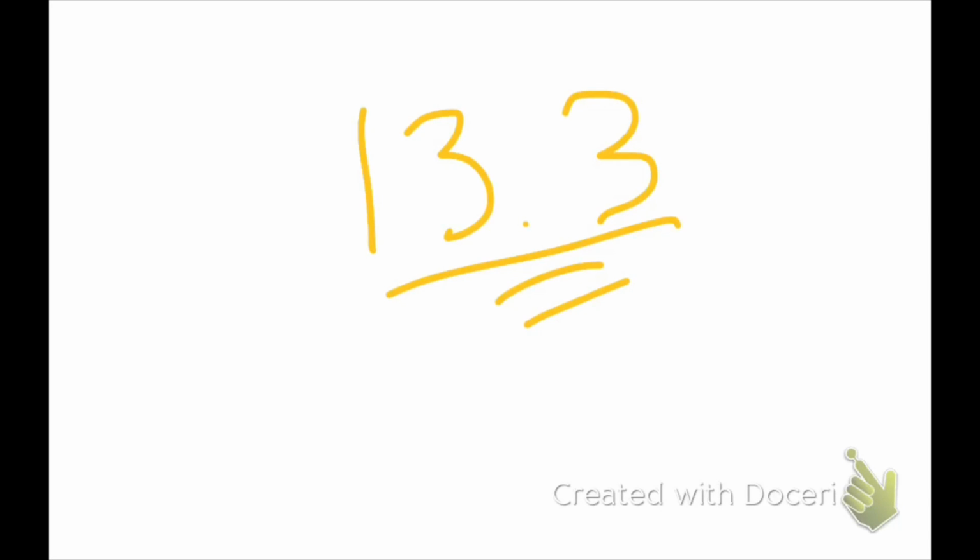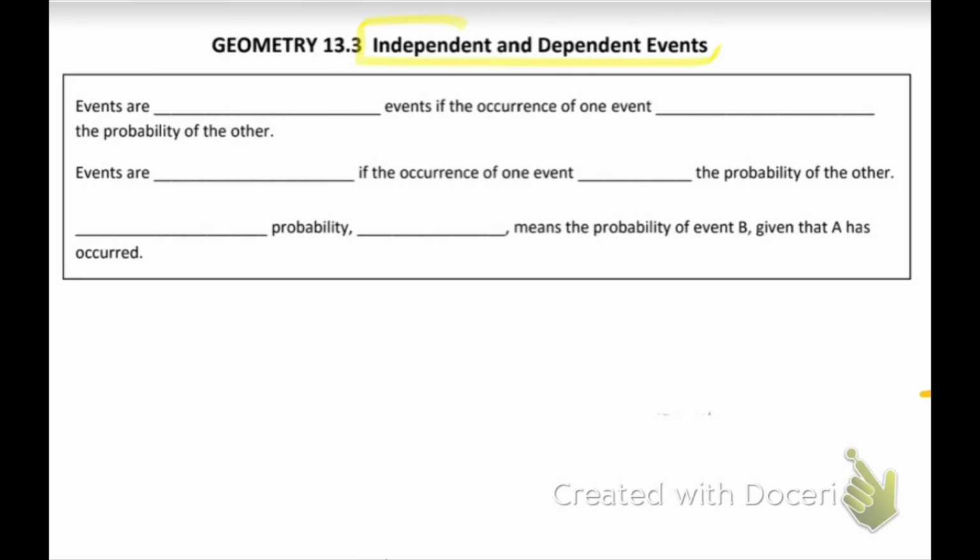Alright, so today we're looking at section 13.3, which is all about independent and dependent events. So what's the difference between independent and dependent events? Well, we say that events are independent events if the occurrence of one event does not affect the probability of the other.